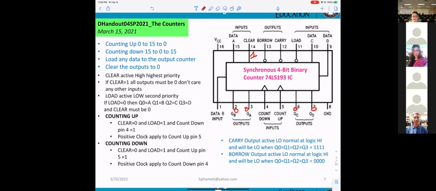So what happens to the other inputs? Like you can see, load means this pin right here, and the data inputs A, B, C, D. So what happens to those inputs for the load or counting?